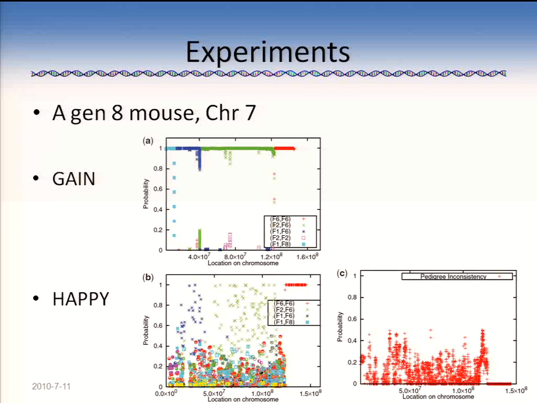So without considering the probability of the invalid ancestry choices, it shows the analysis result for a sampled mouse. Each color represents a founder, and so you can see there is a lot of ambiguity in the best ancestry inferred by Happy due to those wrongly assigned probabilities, as we see on the right.